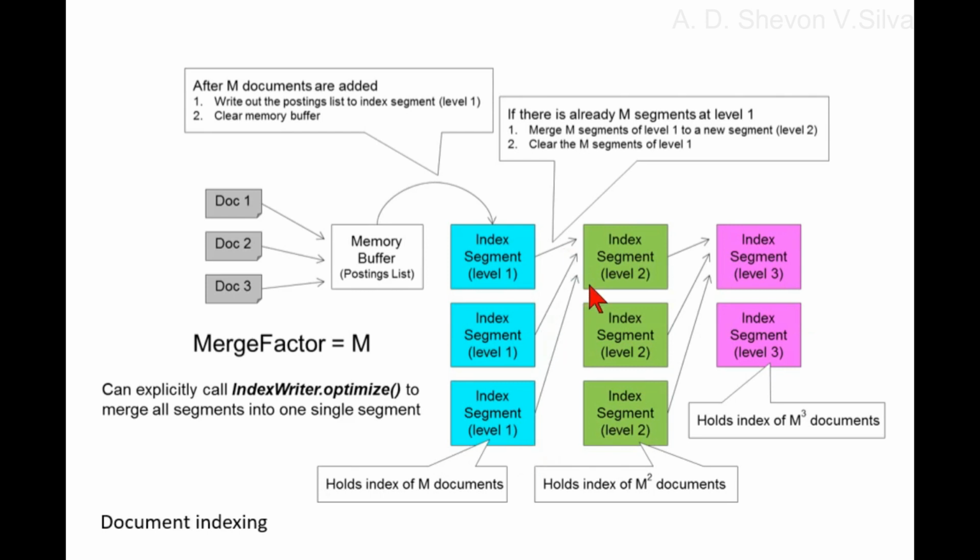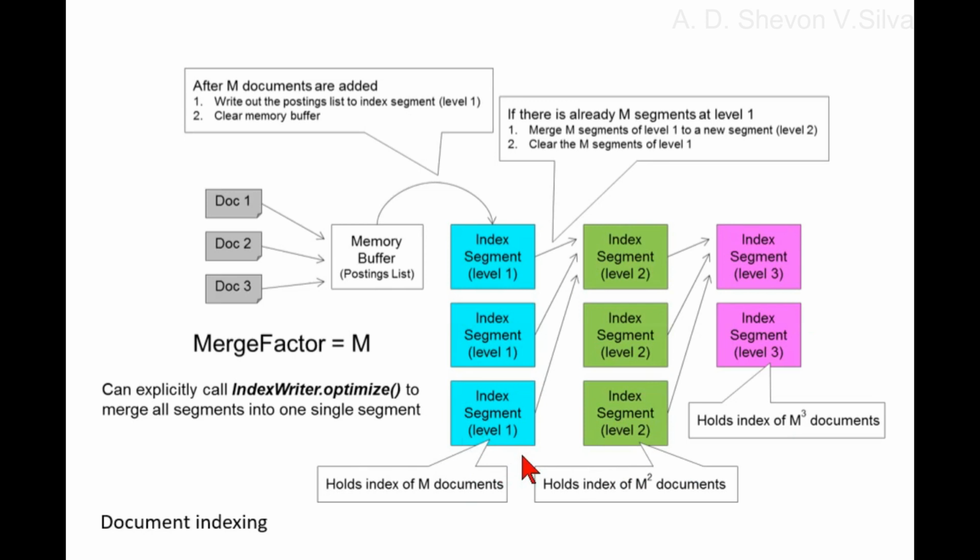Notice that the size of the segment files at each level increases exponentially: M to the power 2, M to the power 3. This keeps the number of segment files that need to be searched per query at big O log n complexity, where n is the number of documents in the index.